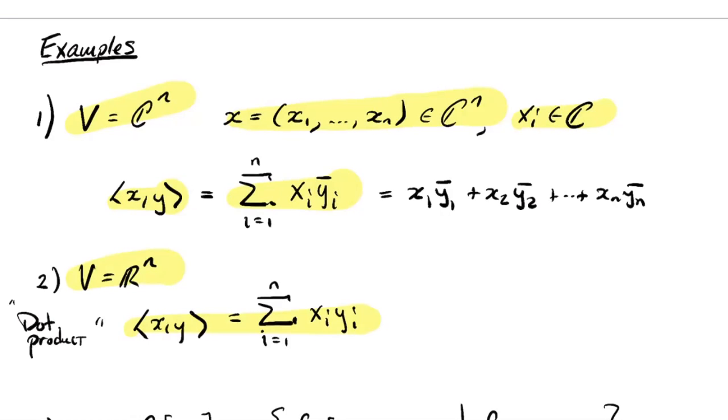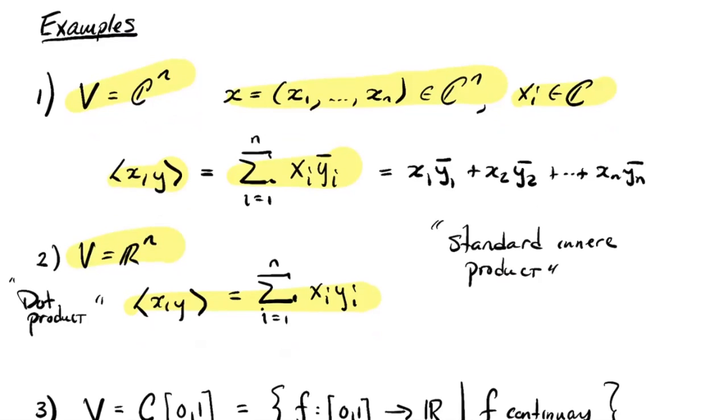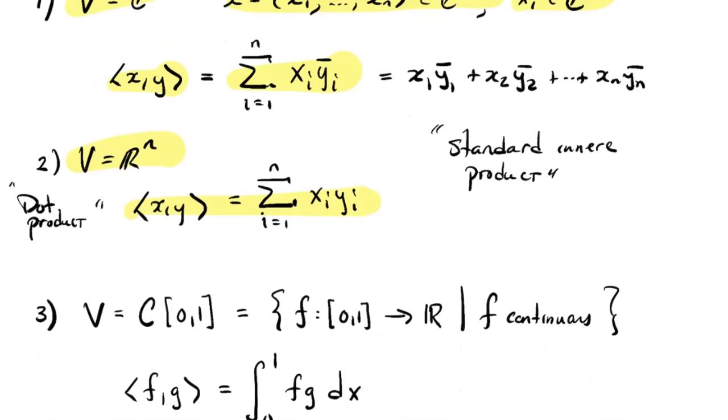We're going to call both examples 1 and 2 the so-called standard inner product. On Cn, it's xi times yi bar summed. On Rn, it's just xi times yi summed, no bar. You can put the bar there, it doesn't hurt, because if y is a real number, yi is yi bar.